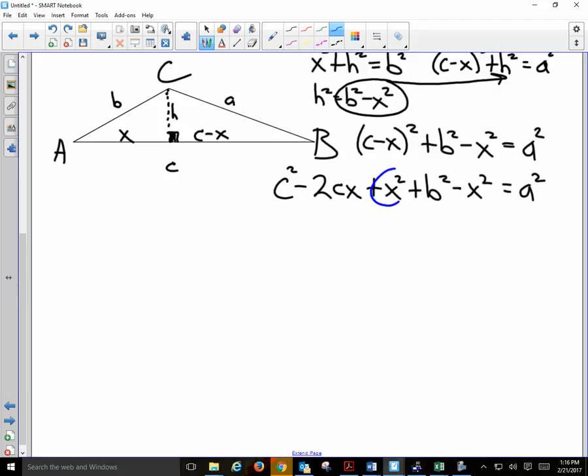Yeah, the X squareds go away. And so here I have C squared minus 2CX plus B squared is A squared.